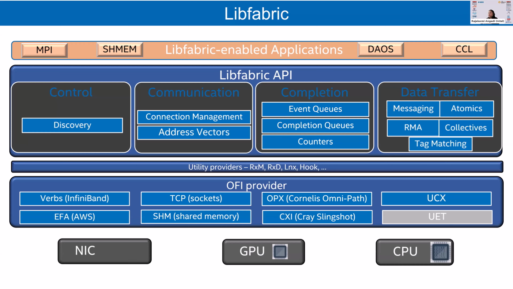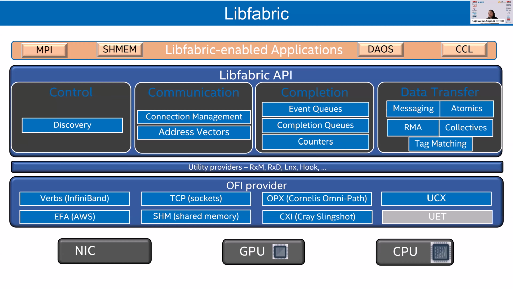So certain providers support atomic operations for synchronization and coordination, while some providers may implement or offload the collective communication operations, which are key for our parallel processing these days.